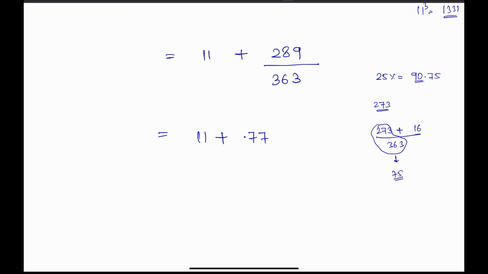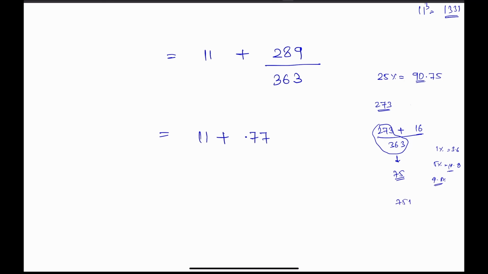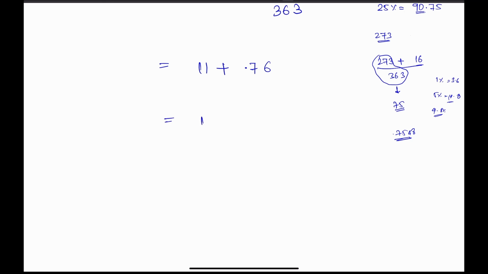And this 16, 1% is 3.6, so 4.5% will be 18, so it will be 4.8% or 4.7%, 75.48. Okay, so somewhat we can take 76. And the value we will get is 11.76.